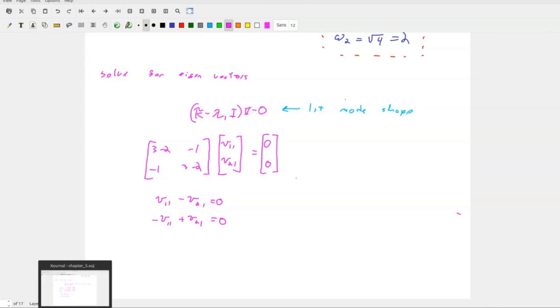All right, so we want to make sure that these are normalized, right? So let's apply a scalar alpha to normalize it to a unit vector.